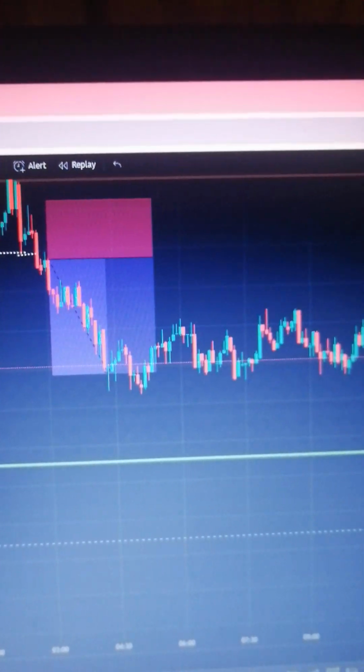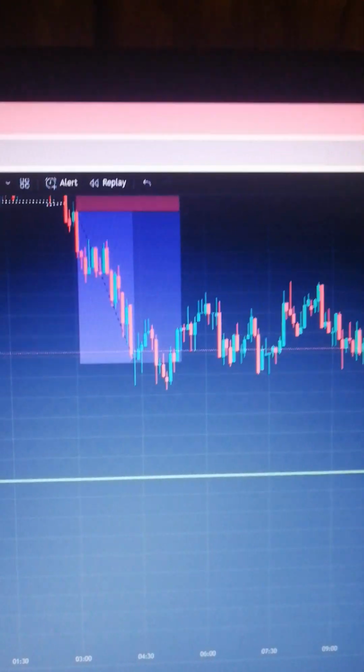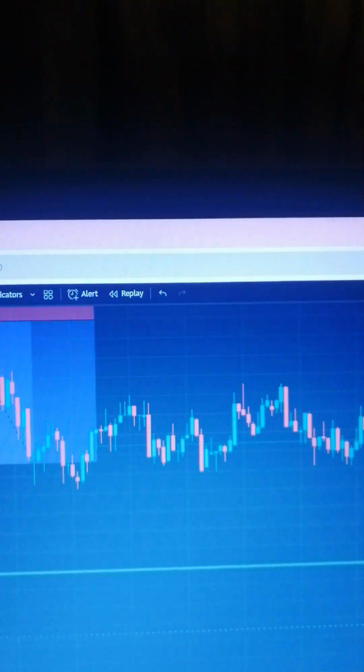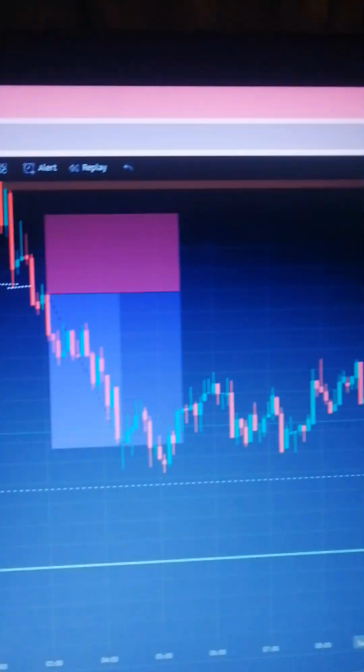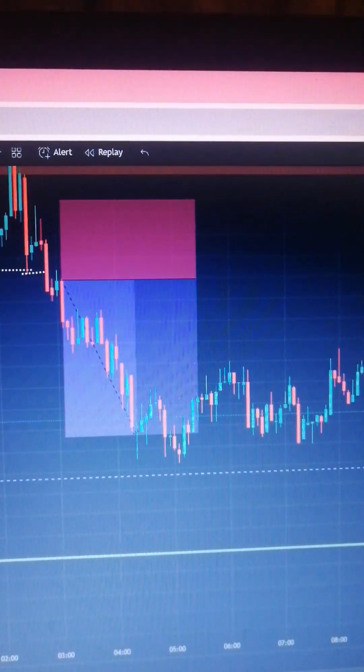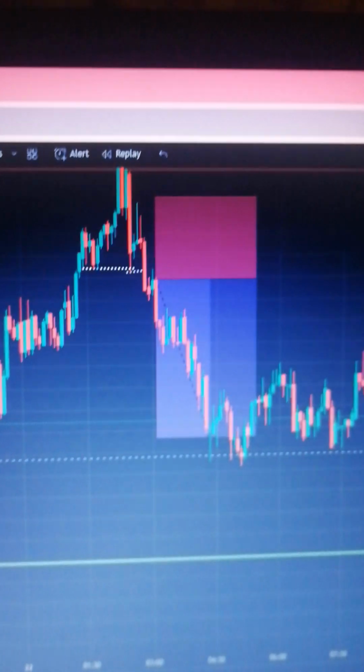If you risk like 50%, which is $500, you'd have made $1,000 already. You would have made $1,000 from there. And this is where the price is at right now.